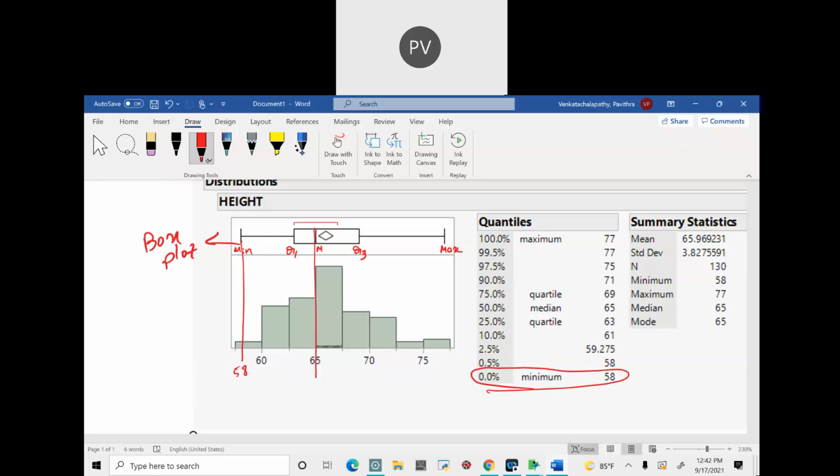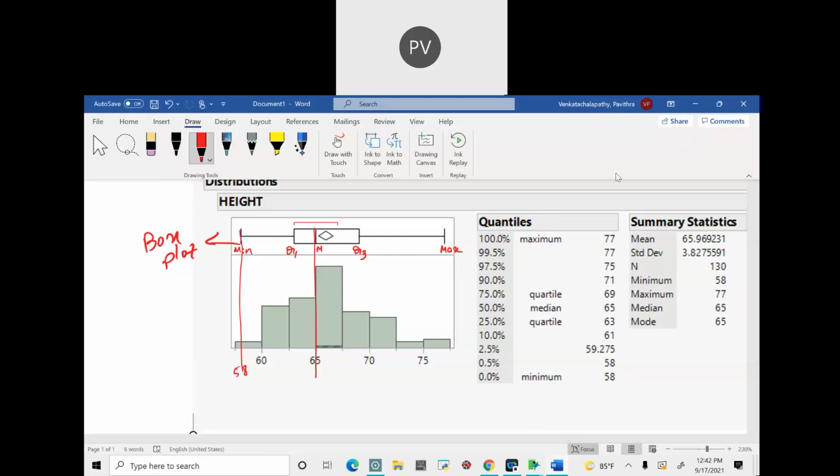Okay, now we have histogram, we have parallel box plot, but still we have the quantiles here. Why? Because as you can see here, if I see what is the minimum of this, it is less than 60. But what is the exact value of that?